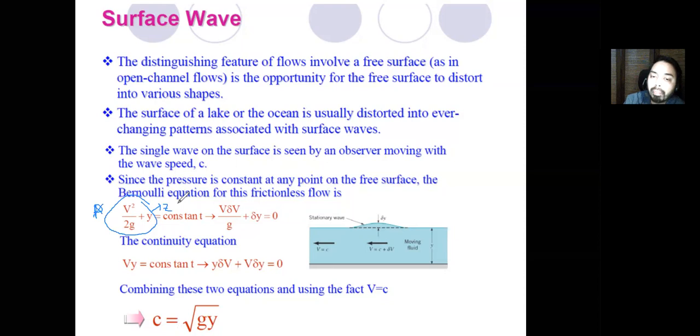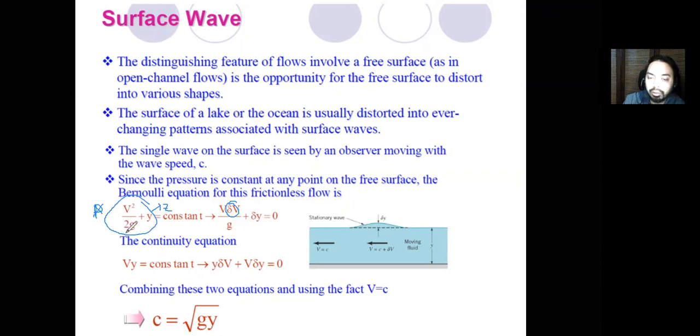Since these are constants, if we differentiate this, as we have an increasing dv over here, this will become this equation with a very small dy over here.